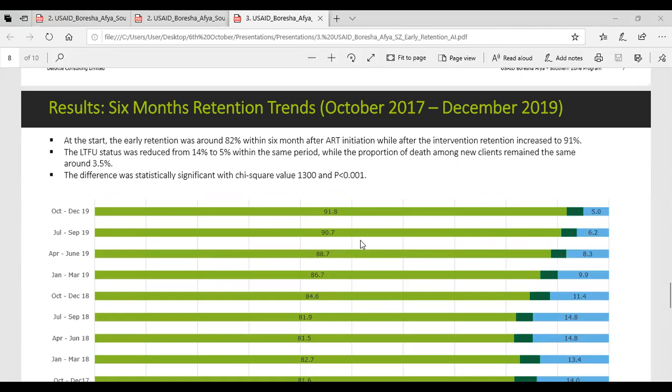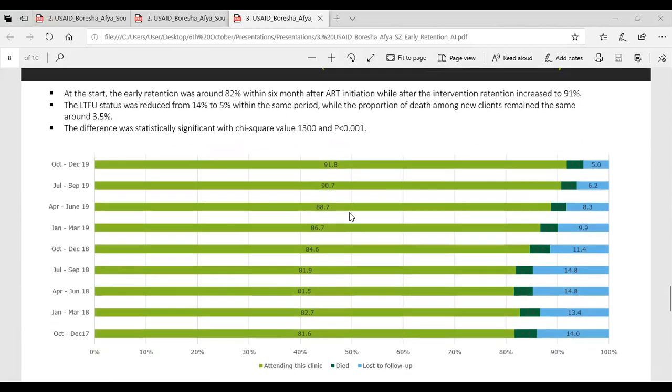You can see that when we started this intervention, our early retention was around 82%. When we followed up after 6 months, the retention increased to around 91%. Also, we noticed that after this intensive site monitoring, loss to follow-up reduced from 14% to around 5%, even though there was no difference in deaths among new clients on treatment, which remained around 3.5%.